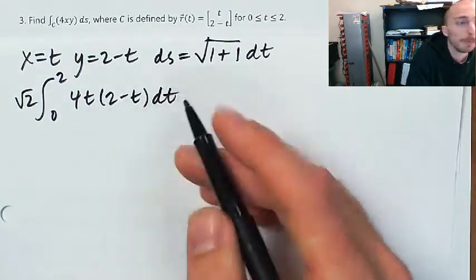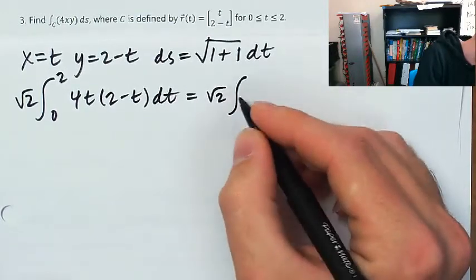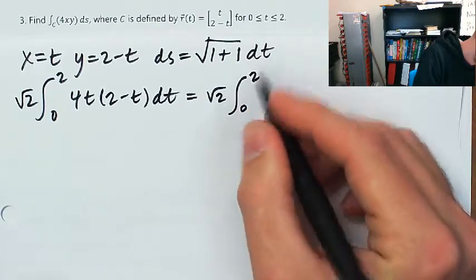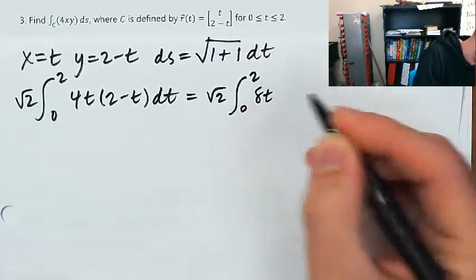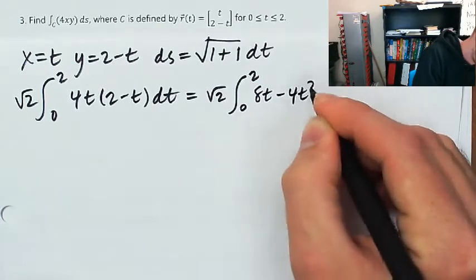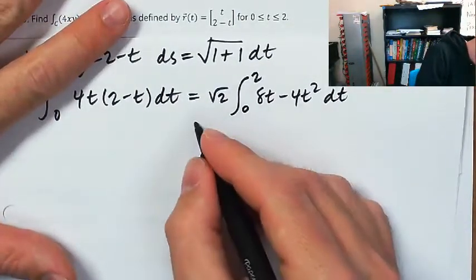Right, so I think we're going to distribute. So that's 8t minus 4t squared. And this is the type of integral we're good at running. I'm going to anti-differentiate.